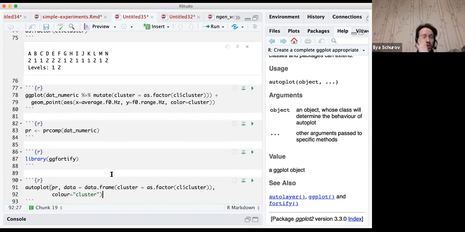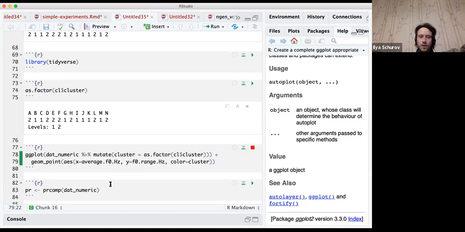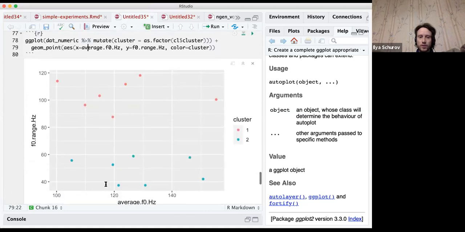Well, I used different coordinates. Initially here, I plotted this picture using these two coordinates. So initially my data are 4-dimensional. I have 4 columns. And to make this plot, I have to reduce the dimensionality to two dimensions.